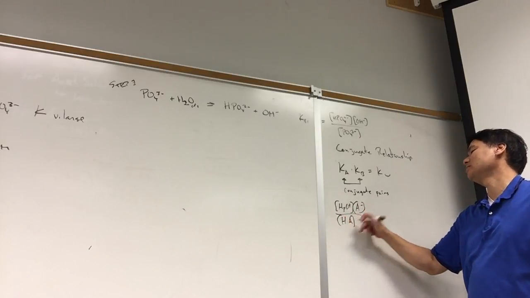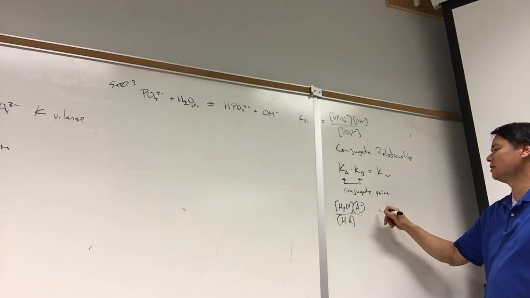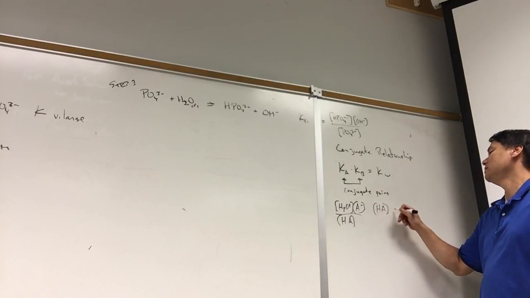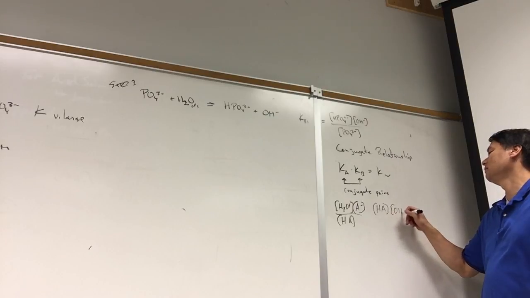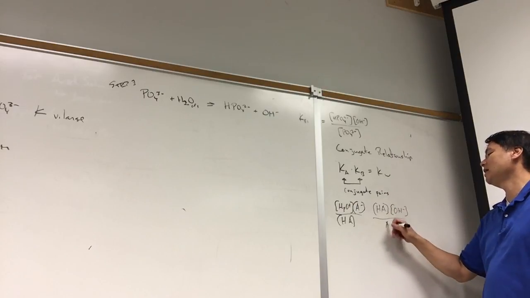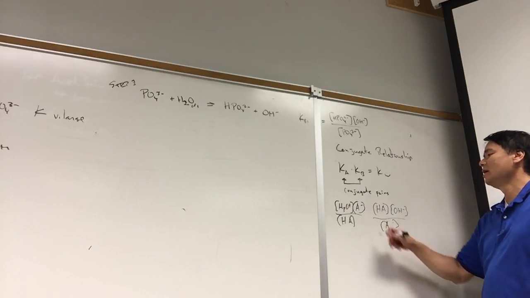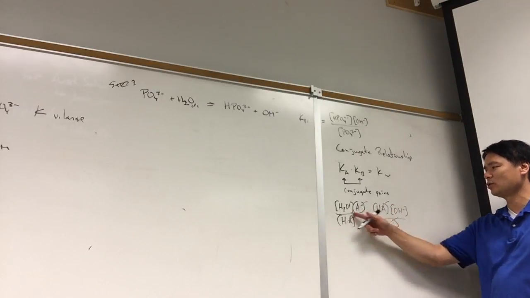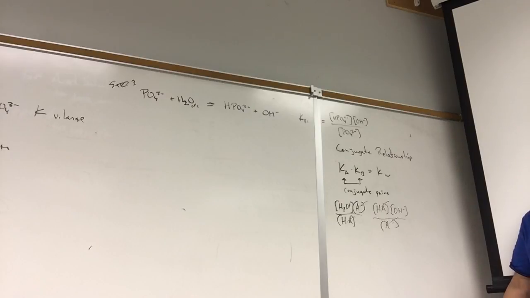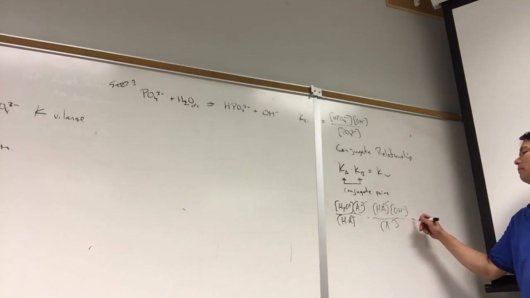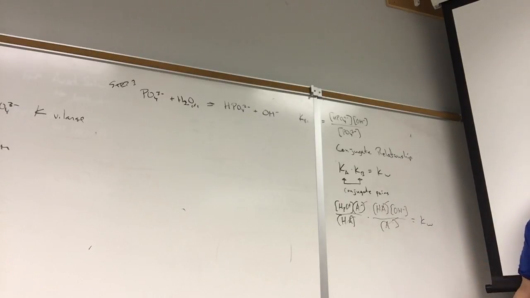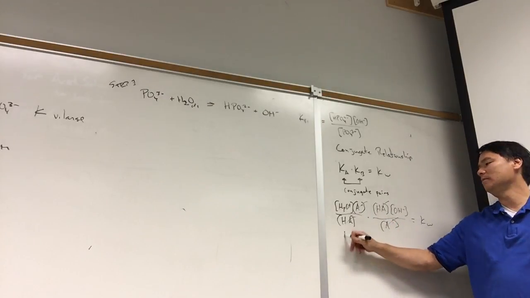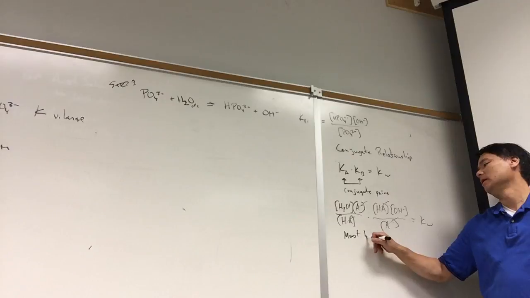That would be the Ka expression. The Kb expression is going to be the HA times the hydroxide divided by the A minus. This is for the generic. And so you can see the A minus cancels, the HA cancels, and that leaves you with hydronium times hydroxide, which is Kw here. But they have to be conjugates, otherwise these things don't cancel. And so they must be conjugates.